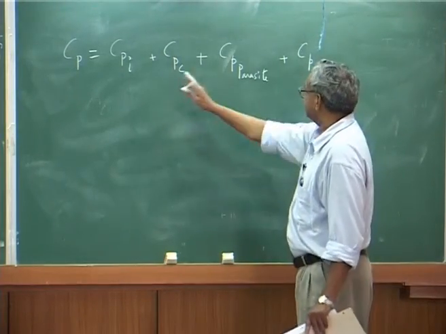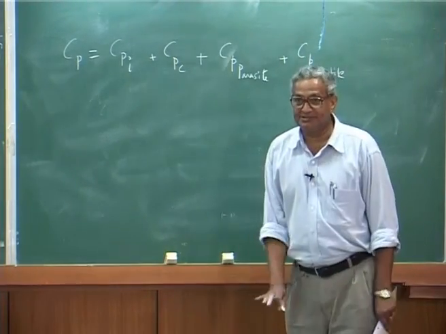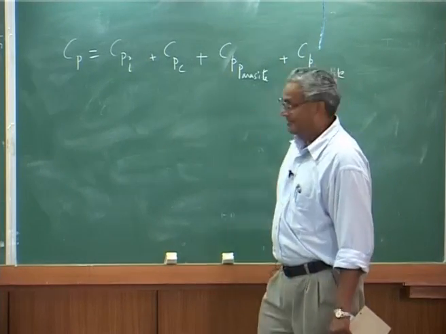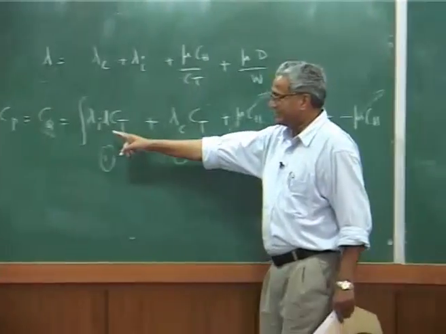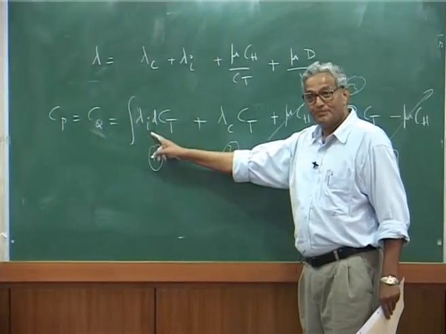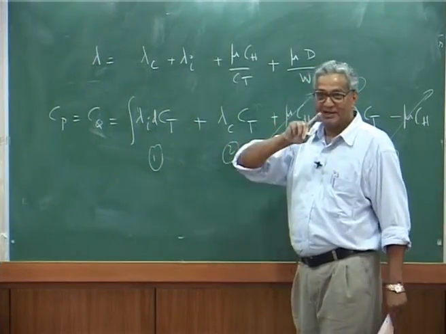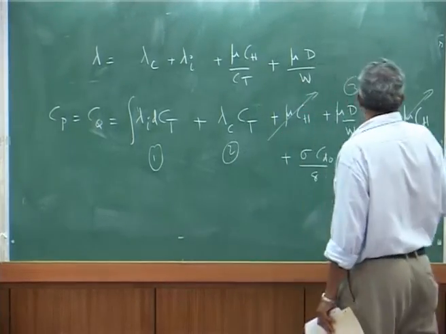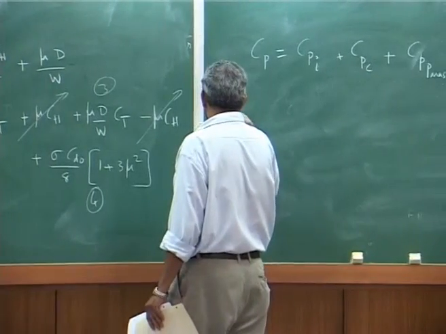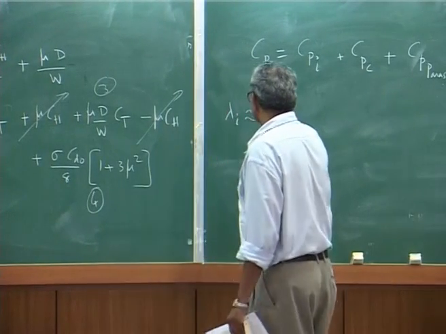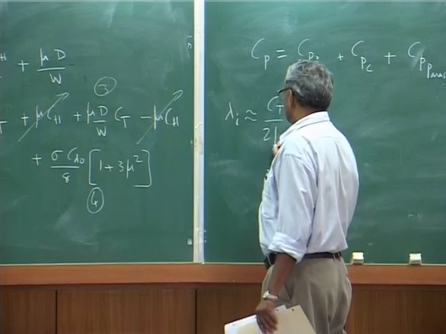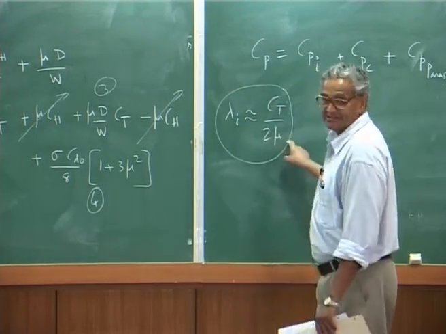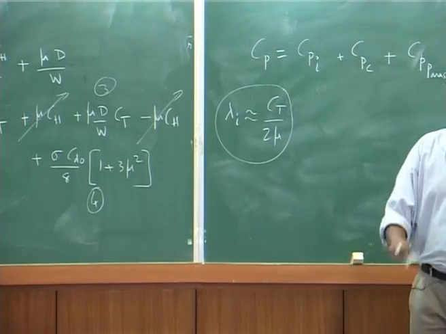So, you have power for 4 terms, and for each one of them you have the expression. If lambda is constant, you can get lambda_i at high speed, okay. The approximation is Ct by 2 mu, okay, for mu greater than 0.1.